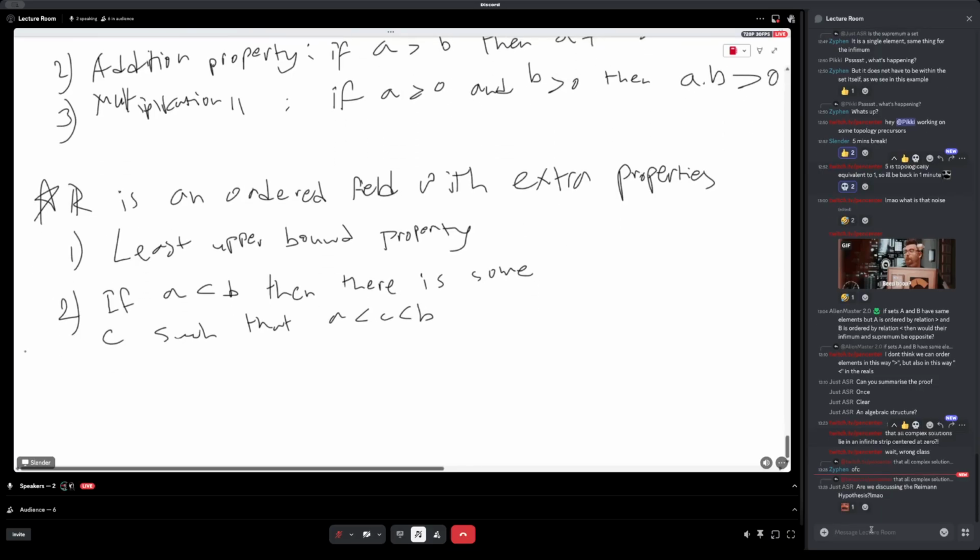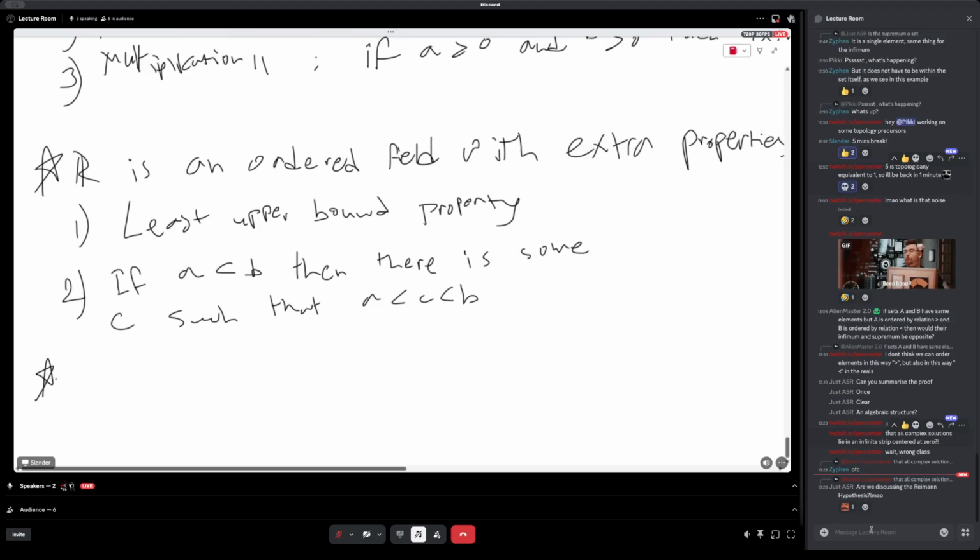So with these two properties, R is called a complete ordered field.